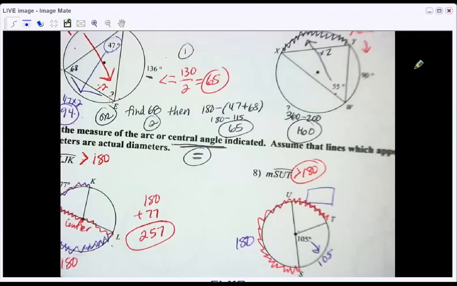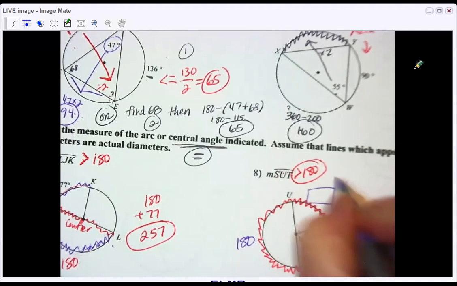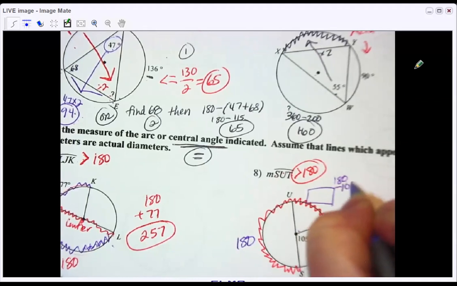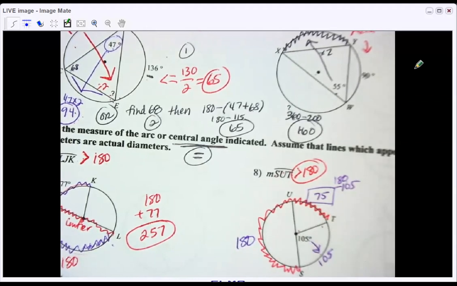So both of these together have to equal 180. That means this would be 180 minus 105 or 75. Good. Now we can add these back together. Thank you, people that haven't been participating or stepping in. Good. Thank you. Nice.